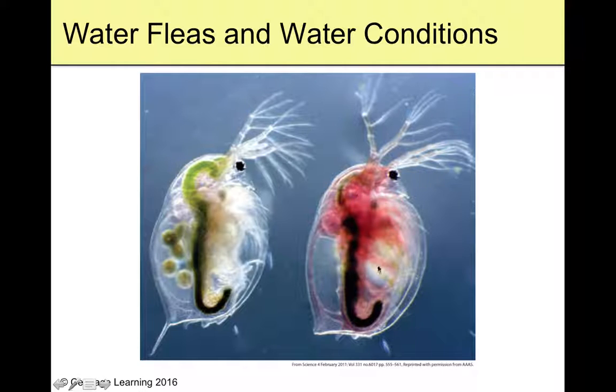This guy here, because he grew up in an oxygen poor environment, actually turned on his genes to make hemoglobin. And he made hemoglobin. And that is why he's red, because he is full of hemoglobin to survive that low oxygen content water. Same species, different environments, different gene expression.